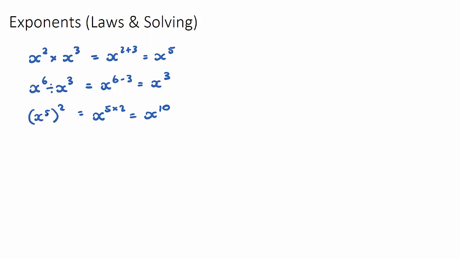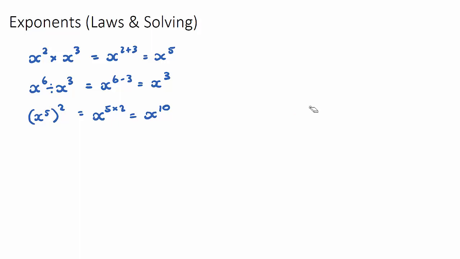Now how I think about this is x to the power of 5, well that's x times x times x times x times x. And if this is being squared, I have this multiplied by itself. So if I'm multiplying this by itself, x, x, x, x, x, and they're all being multiplied, I essentially have 10 of them now, so it's x to the power of 10. So if I have a power to a power, I multiply my powers.